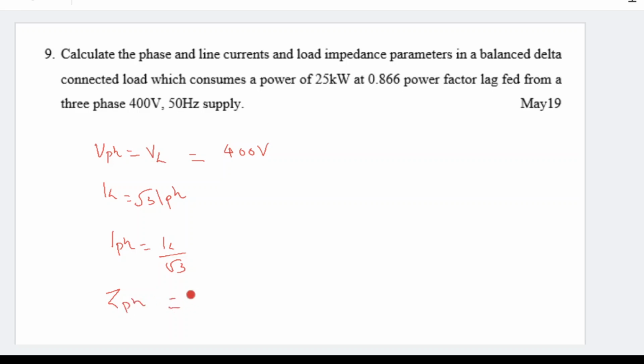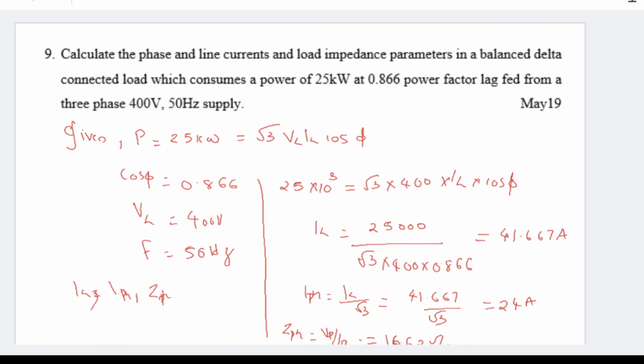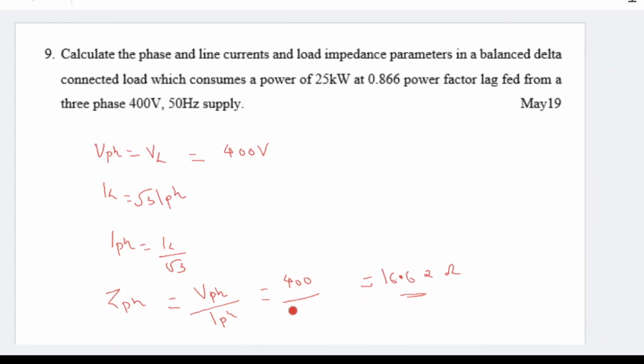Z phase is equal to V phase by I phase. That is equal to 400 divided by our I phase, and you will get 16.6272 ohm. I forgot what was the I phase. We'll go back. The I phase was 24, and you will get this answer. I hope you understood.